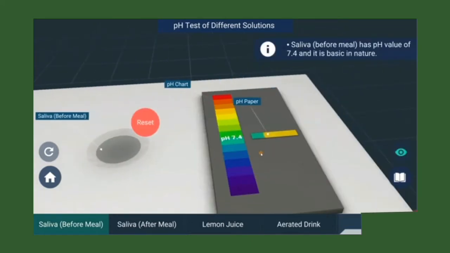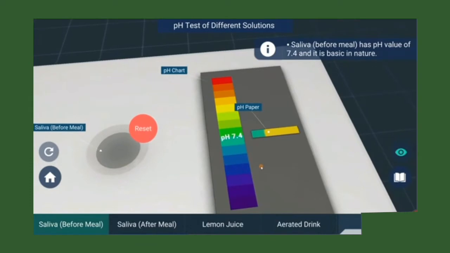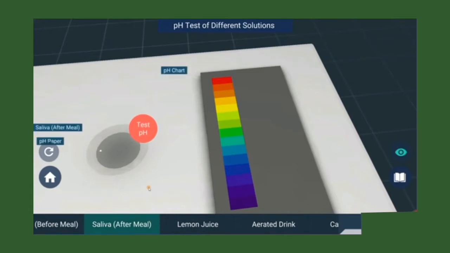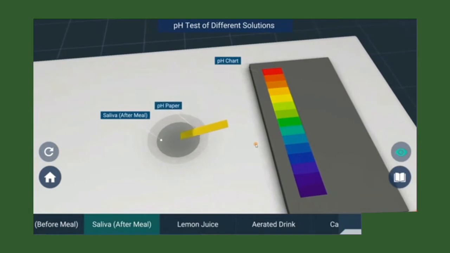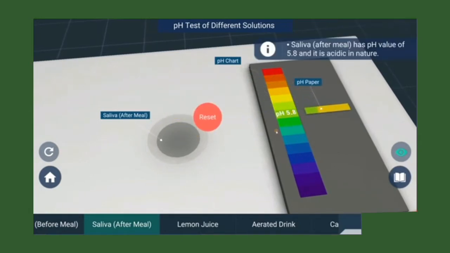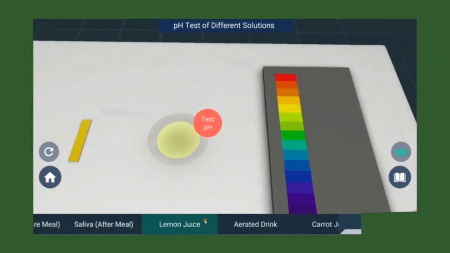You will see a change in paper color, and compare that with the pH chart to know the pH value. So here the pH value of saliva before meal is 7.4. The pH value for saliva after meal is 5.8 and it is acidic in nature.